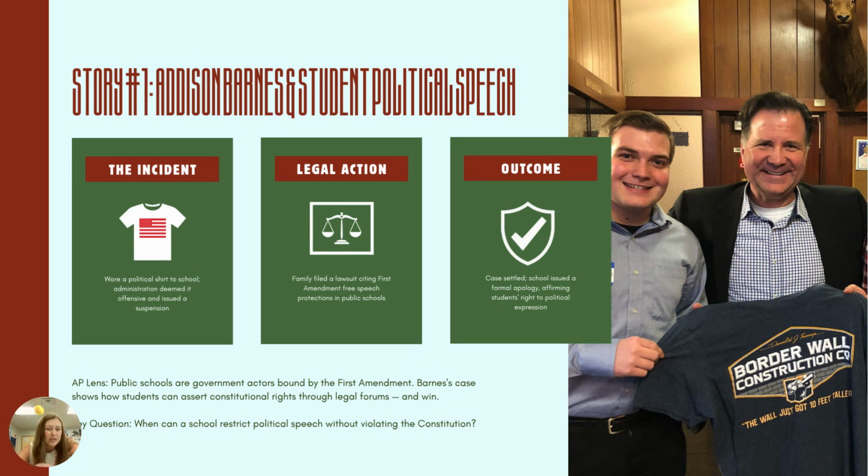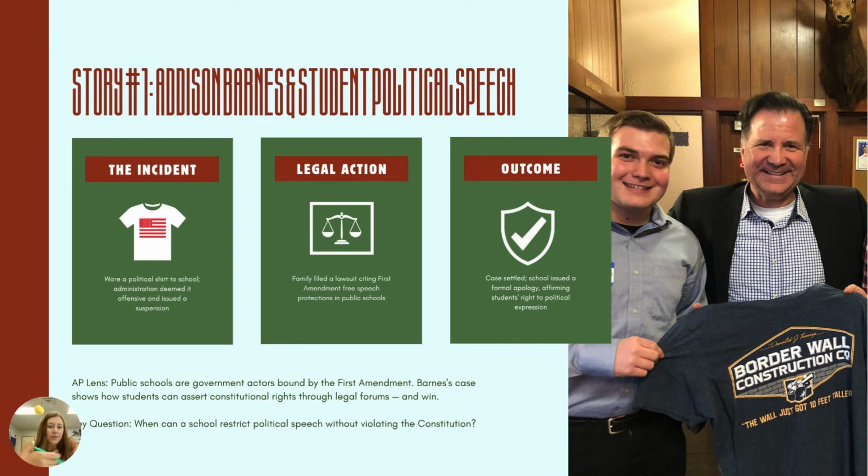This wasn't ever a Supreme Court case. It doesn't get that far. It doesn't set a new nationwide standard, but is a great example of how a student and his family used the court system to settle a conflict that they believed was unjust, right? Now, in this case, public schools are government actors.